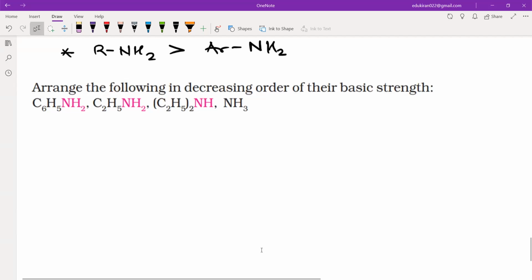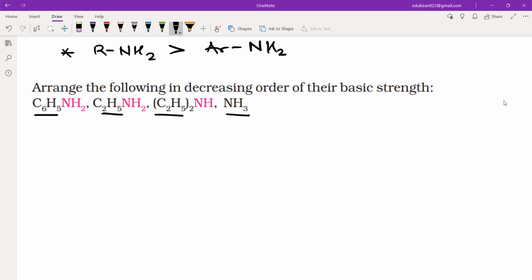You have to arrange them in the decreasing order of their basic strength. Here we have C6H5NH2, C2H5NH2, (C2H5)2NH, and NH3. Obviously C6H5NH2 will have the lowest, because it is an aryl amine and the nitrogen's lone pair is not available.